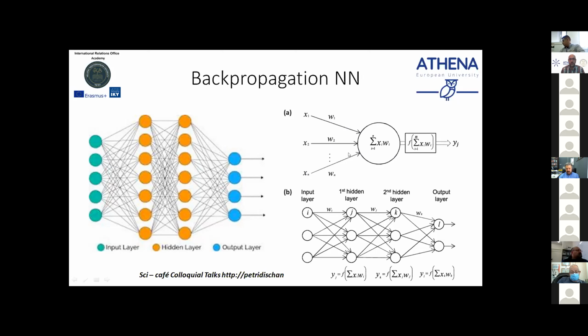And this thing is repeated again and again. The information is forwarded from the input layers to the output layers. And the main question, of course, is how to train, how to find all these components in order to approximate a relation, approximate a mapping by using suitable examples. This is the idea of back-propagation neural networks.